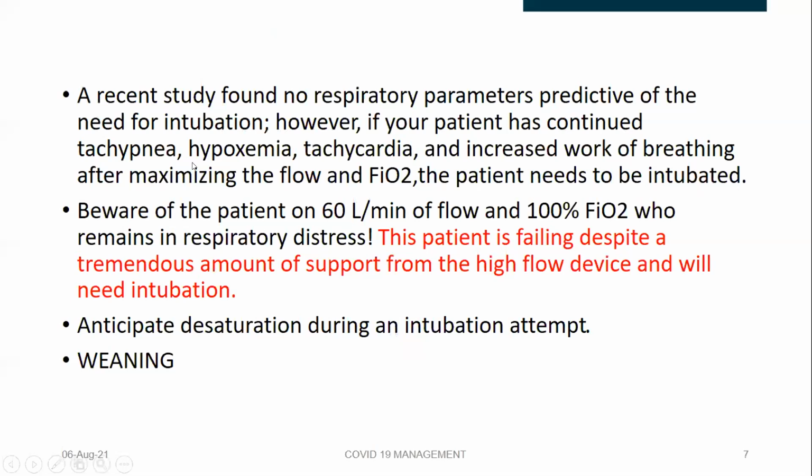A patient who continues to have significant tachypnea, hypoxemia, and tachycardia and has increased work of breathing after maximizing the flow and the FiO2 needs to be intubated. And such patients tend to remain at very high flows of 60 liters per minute and FiO2s of 100%. You need to act with speed in such a situation.